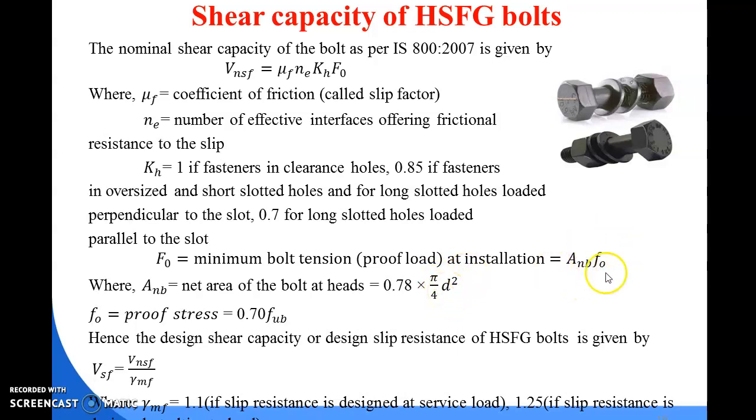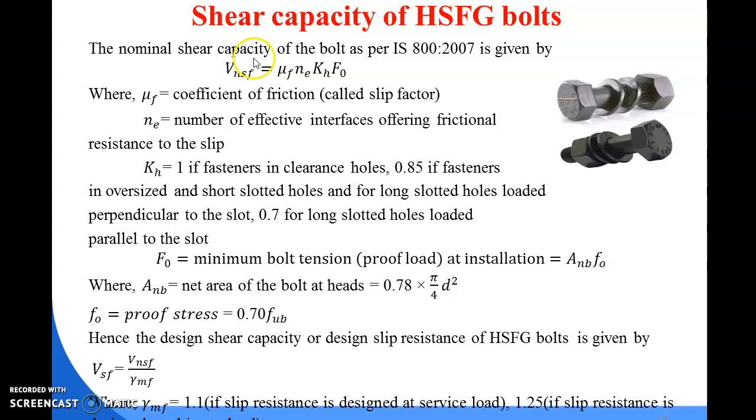And the small f0, which means the proof stress, you can calculate as 0.70 into small fub, where small fub is the ultimate strength in case of bolt section.